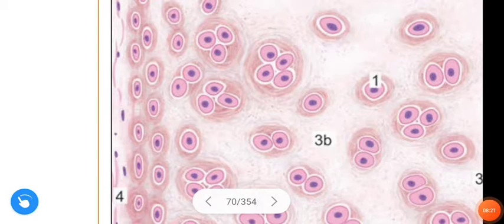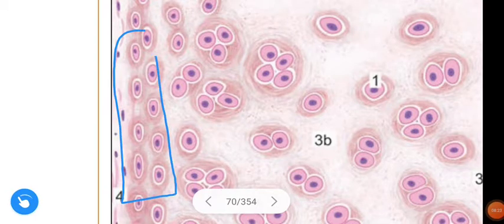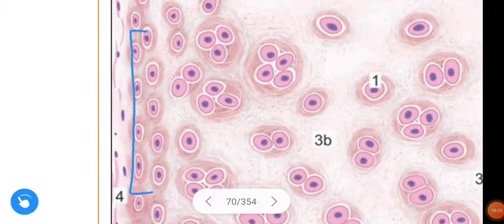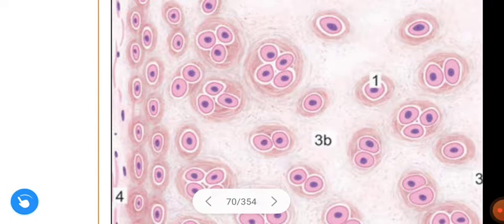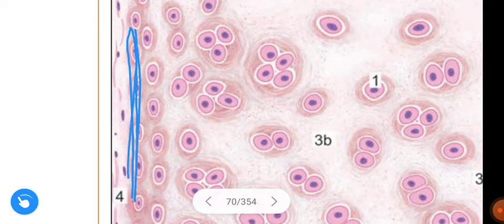See this figure, this is the perichondrium, and this perichondrium is formed by the cells near the surface of the cartilage. This is the connective tissue, guys, and these are the cells lying on the connective tissue.